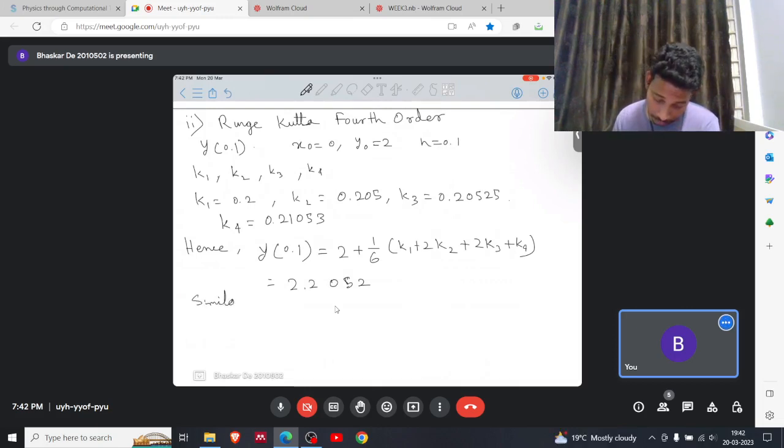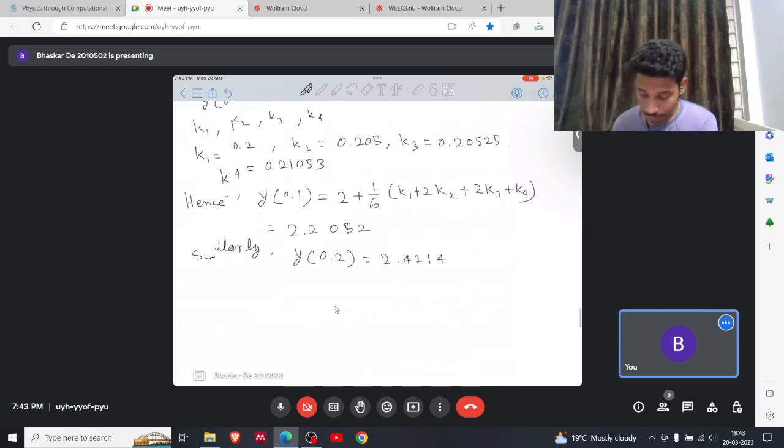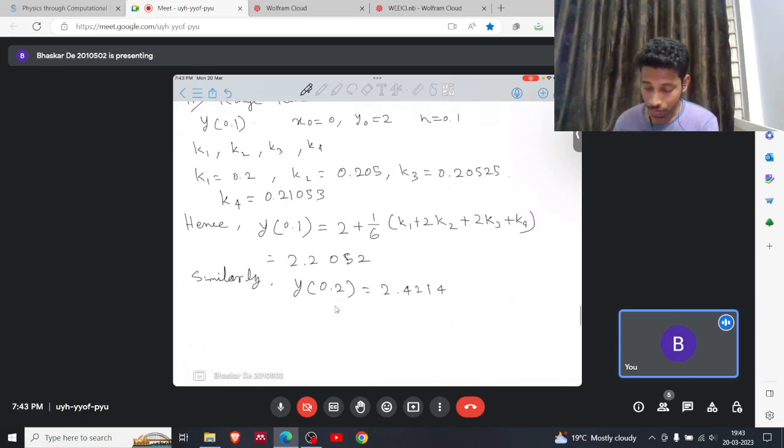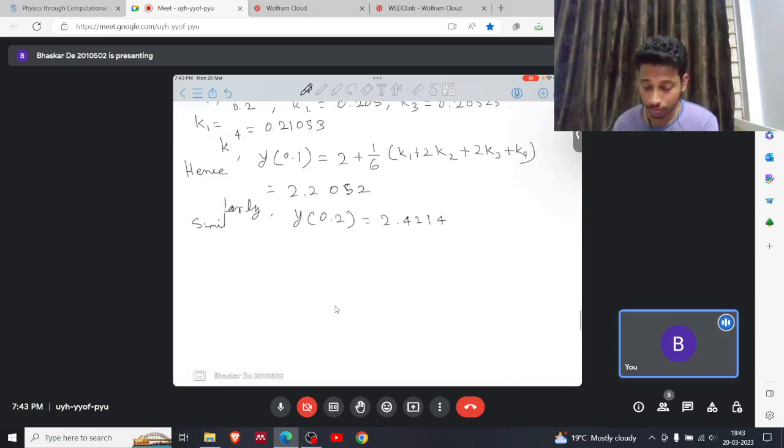Similarly, y of 0.2, we get 2.4214. So this is an example for Runge-Kutta second and fourth order.